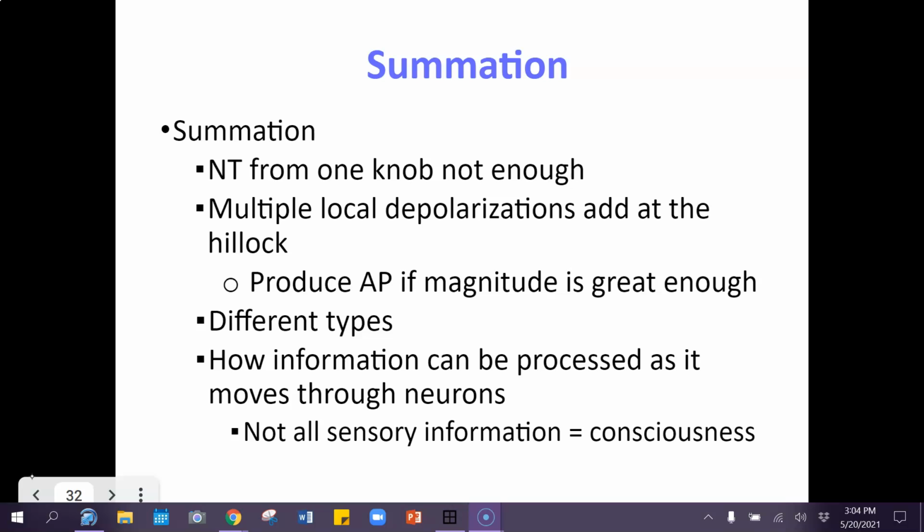If not, if at the axon hillock they do not come together and combine in order to reach threshold, then an action potential will not occur. So there are two kinds of summation for you to know: spatial summation and temporal summation. And as I discuss these two, I'm going to use excitatory postsynaptic potentials, or EPSPs, as my examples.